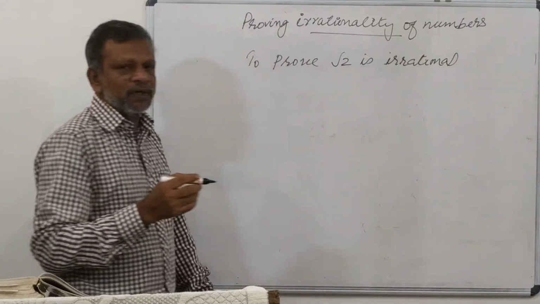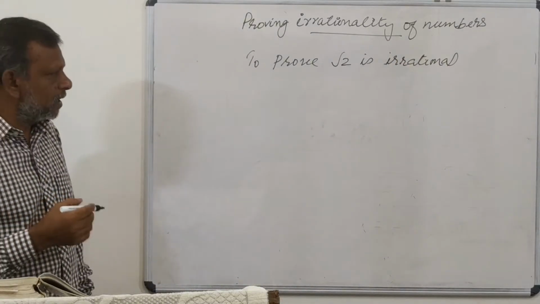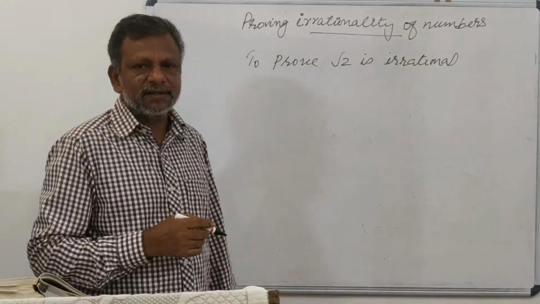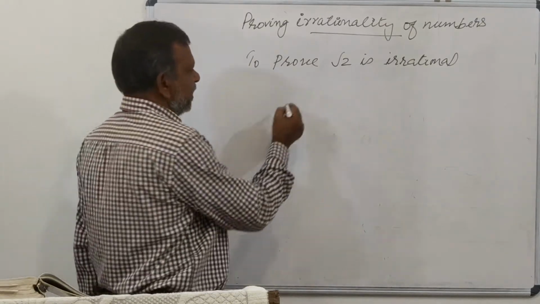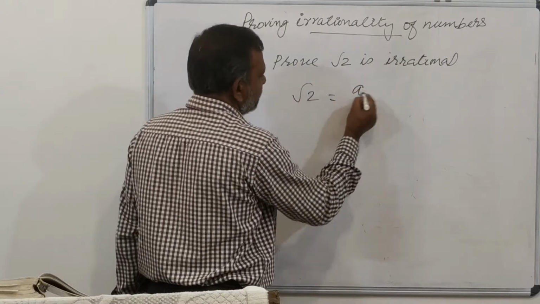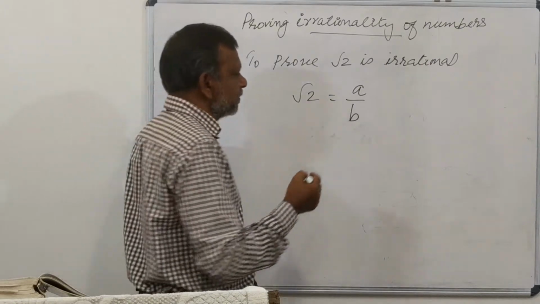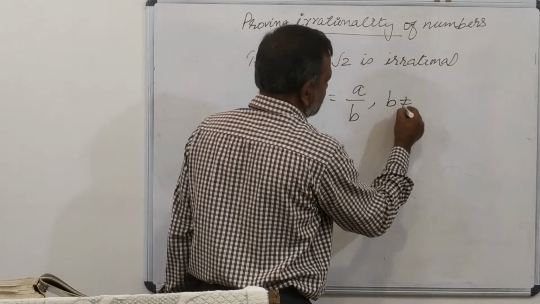To prove root 2 is irrational, let's assume to the contrary that root 2 is rational such that root 2 equals a by b, where a and b are coprime and b not equal to 0.